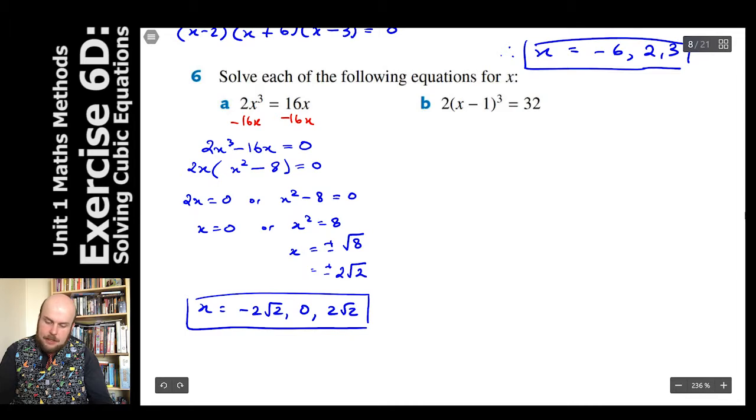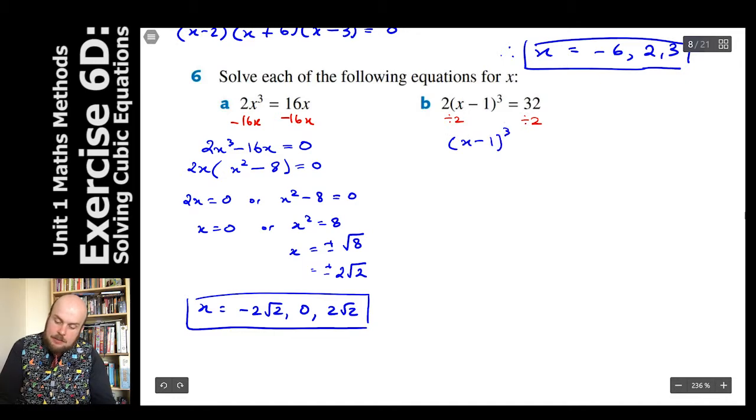Okay, the next one here, I've got 2x minus 1 cubed equals 32, so I may as well divide both sides by 2. And we get x minus 1 cubed is equal to 32 divided by 2, which is 16.